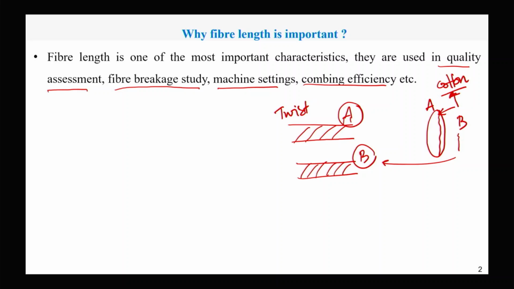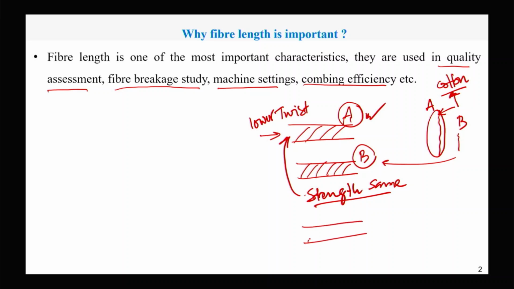Now, if you want to keep the strength the same, we have to impart lower twist in yarn A. Suppose now yarn A we are producing with a lower twist, lower twist will result in softer yarn structure, and the light reflection will be uniform, which will result in improvement in luster.